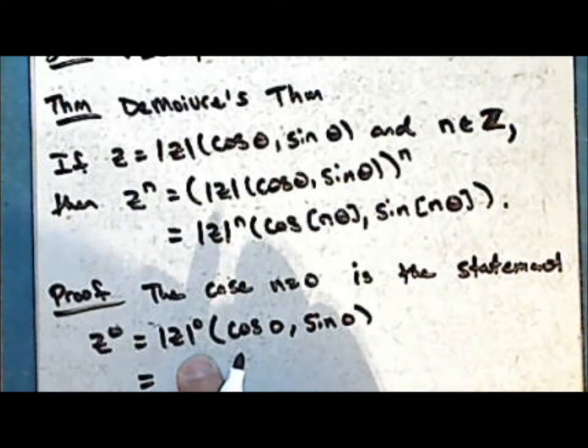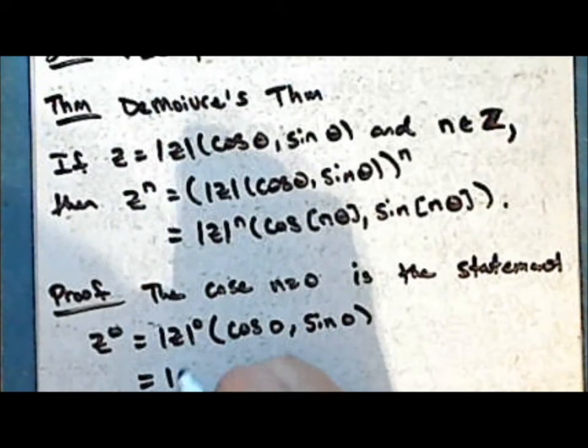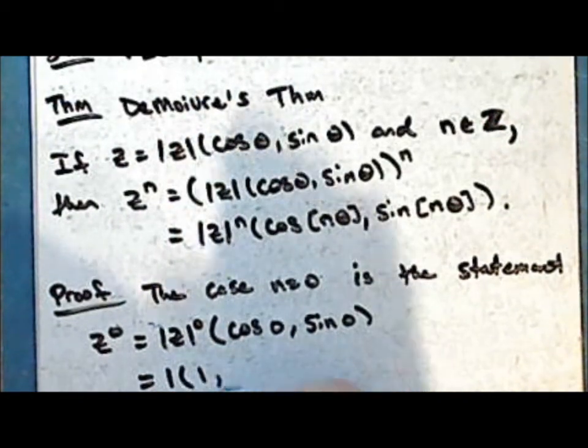Any real number to the 0th power is the number 1. Cosine of 0 is 1, sine of 0 is 0, and so this is the real number 1, which is true.